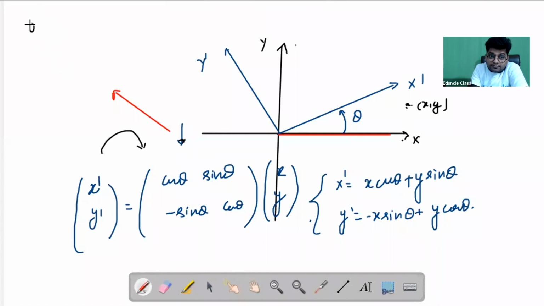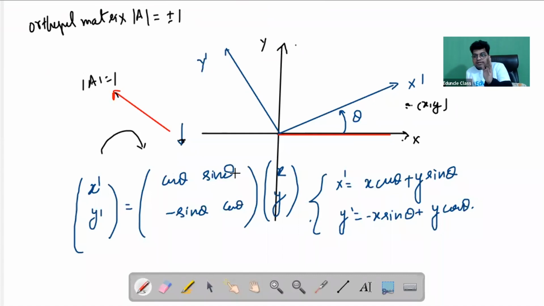Orthogonal matrices are of type determinant plus minus 1, but a rotation matrix has determinant only 1, because cos square theta plus sin square theta is 1. So a rotation matrix is one kind of orthogonal matrix of 2 cross 2, that is cos theta, sin theta, minus sin theta, cos theta. This is a rotation matrix. This is commutative. This has determinant 1.